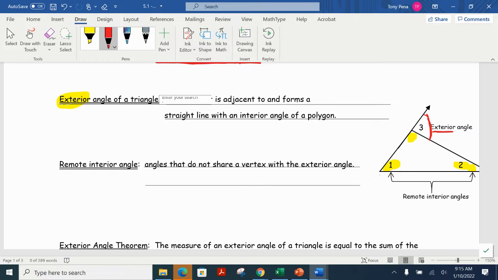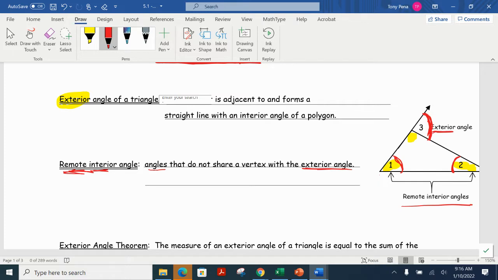Okay. The remote interior angles are the angles that do not share a vertex with the exterior angle. So if this is our exterior angle, the remote interior angles are basically the interior angles that are opposite of that. So if this is our exterior angle, this guy here and this guy here, these are your remote interior angles because they're not adjacent to the exterior angle.